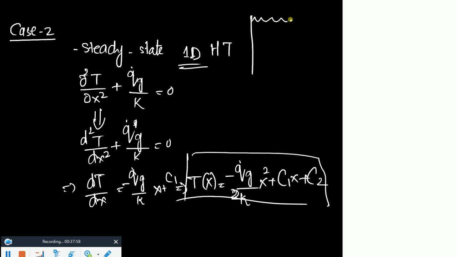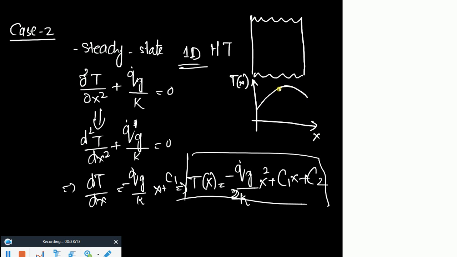Yes, this could be the wall, and if I draw it like this, what would this be? It would look like a parabola, a quadratic curve. That would not be a straight line anymore. Clear?